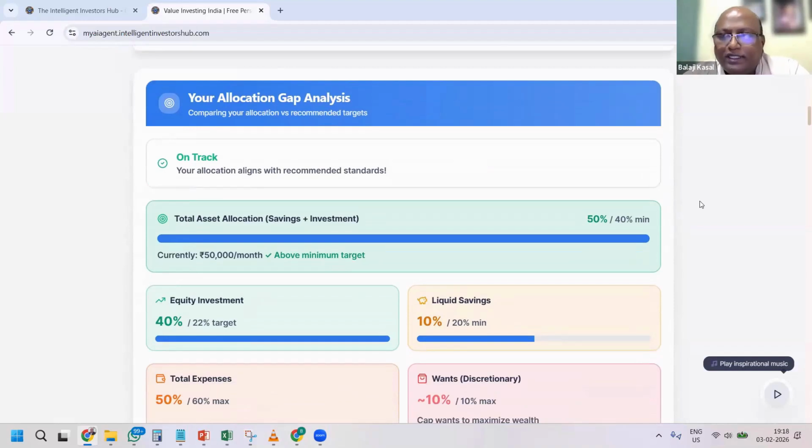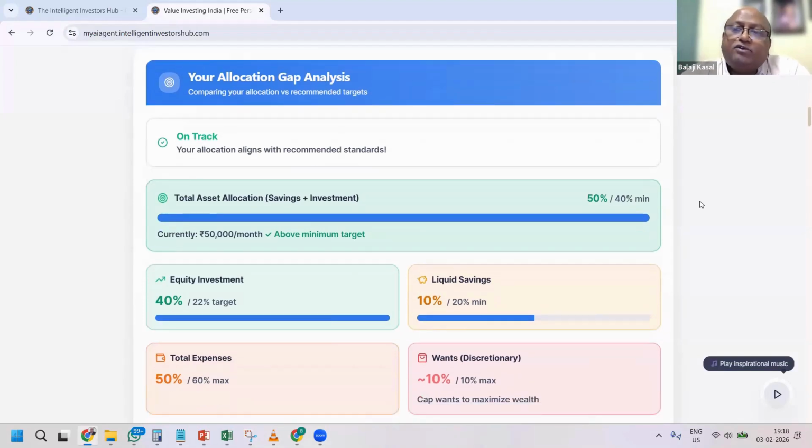What am I currently doing in investment? 40% I mentioned, but it tries to find the gaps between my goals and what I'm doing. Total investment allocation, asset allocation: currently I'm doing 50%. The minimum percent suggested is 40%. I'm doing it totally, including saving plus investment, which is the number I put in.